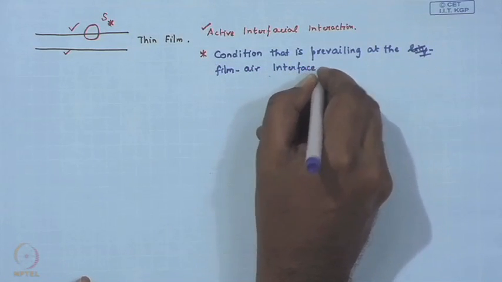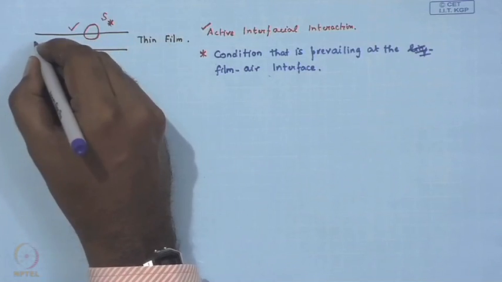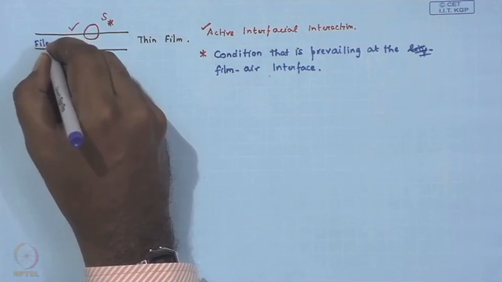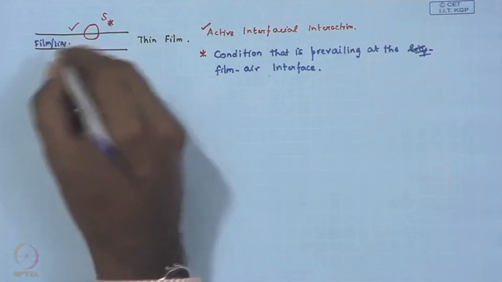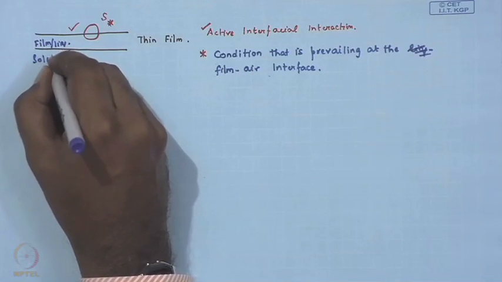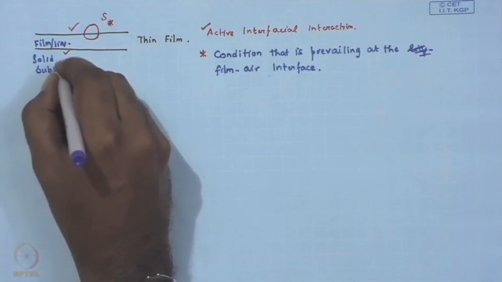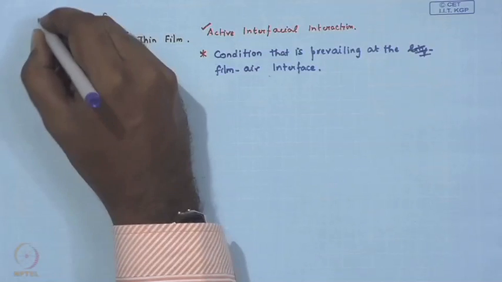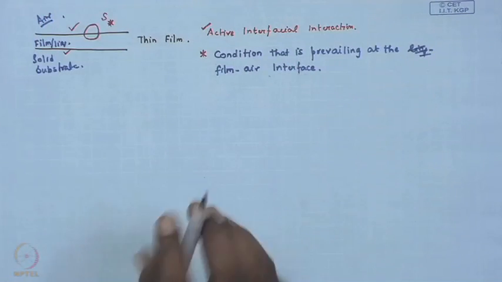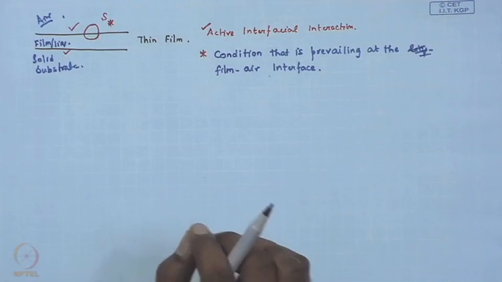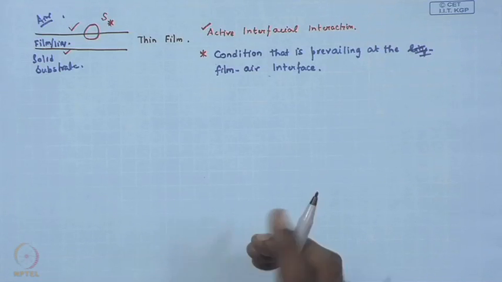That is extremely important to understand. So, here we have a film, let us say it is in a liquid form, here we have a solid substrate and here it is air or vacuum. So, this is a perfect example of a coating, and we need to understand two things.